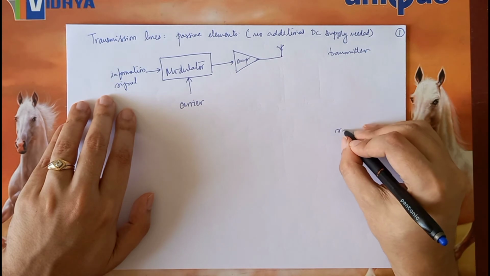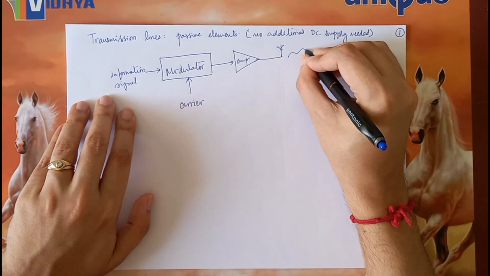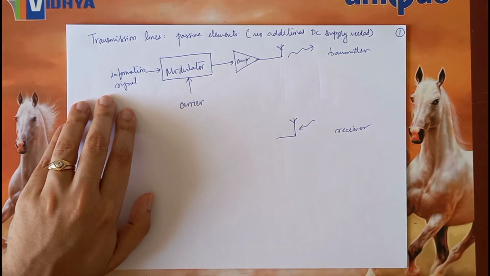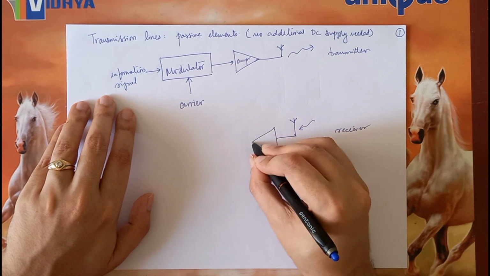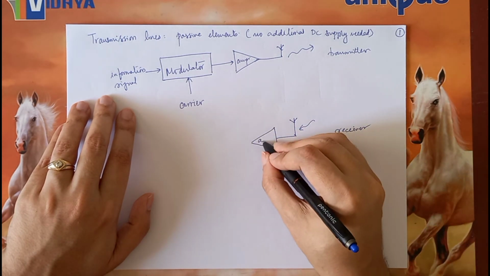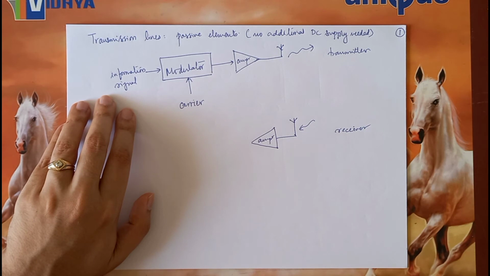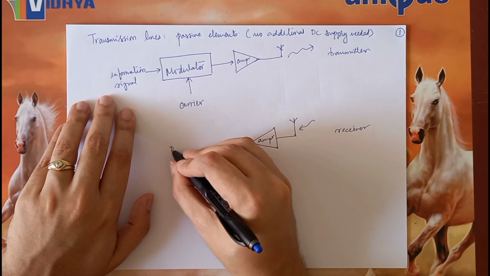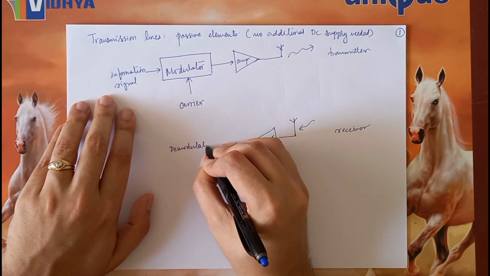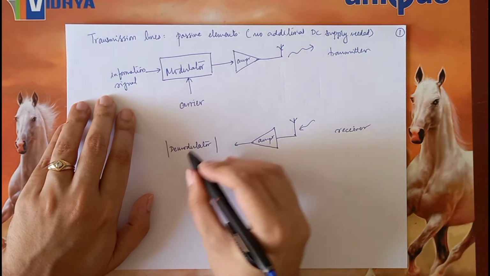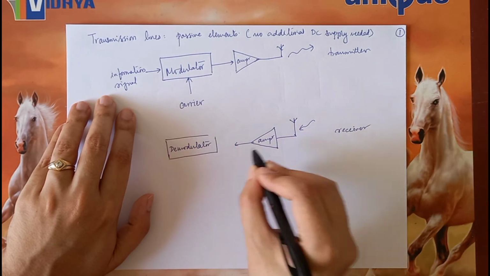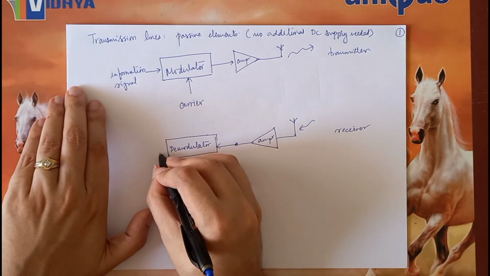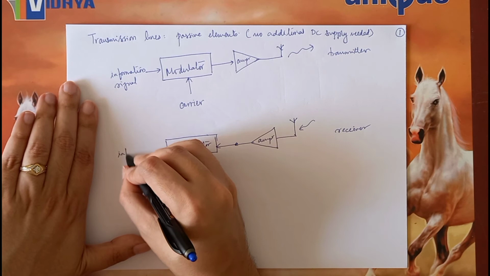If we were to look at a receiver, we again have a receiving antenna which sort of receives the signal. We again have an amplifier at the receiving end which is expected to boost the strength of that signal. And finally, we have a demodulator, and from here we get the information signal back.